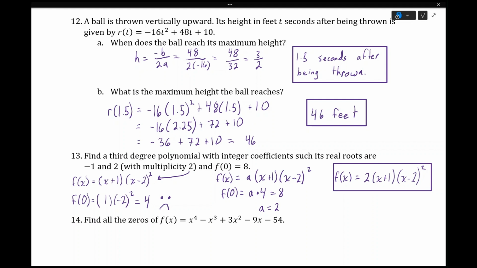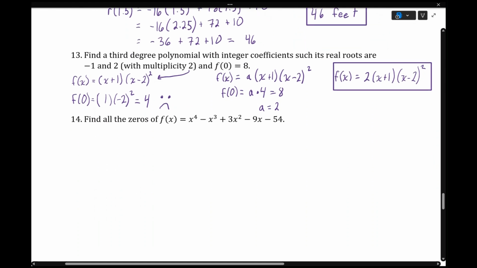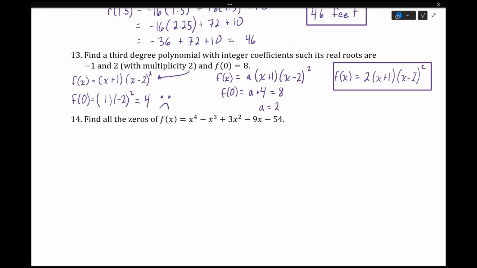All right, now we're going to practice finding the zeros of a fourth degree, which is really, really fun. Once again, I'm going to list the possible zeros by looking at the factors of the constant term.